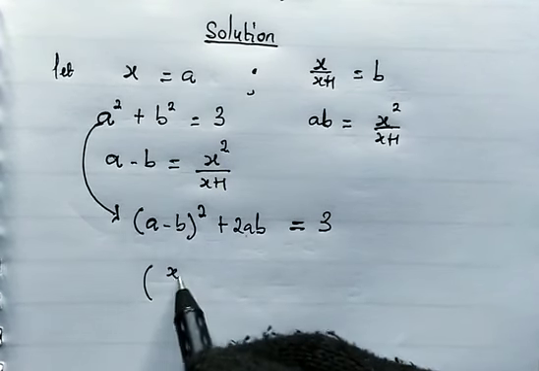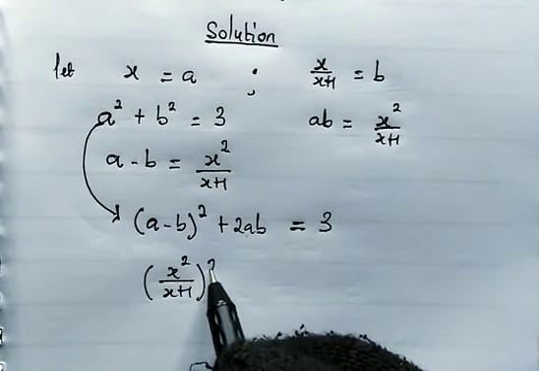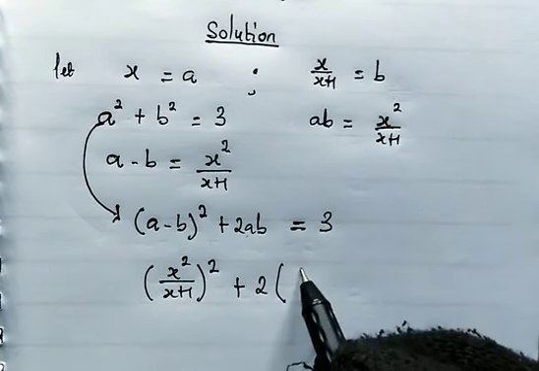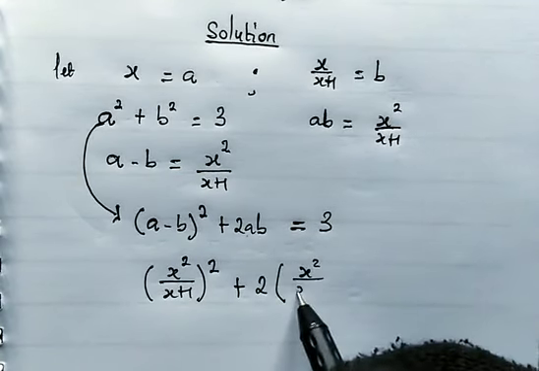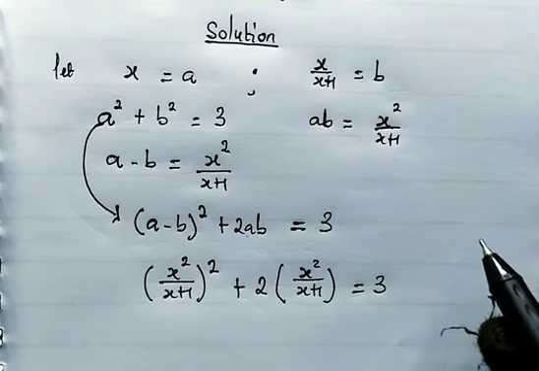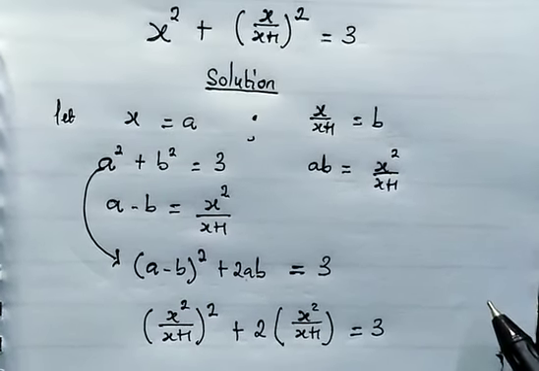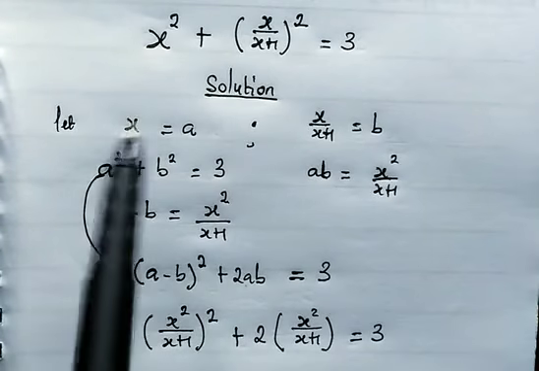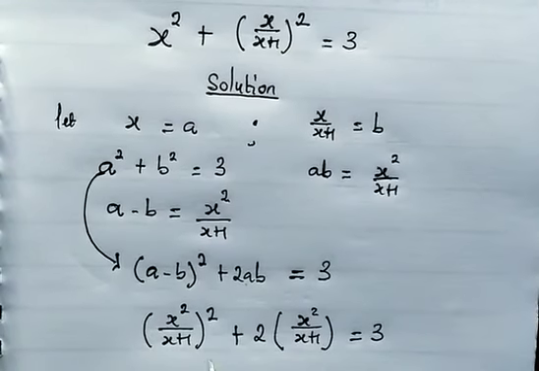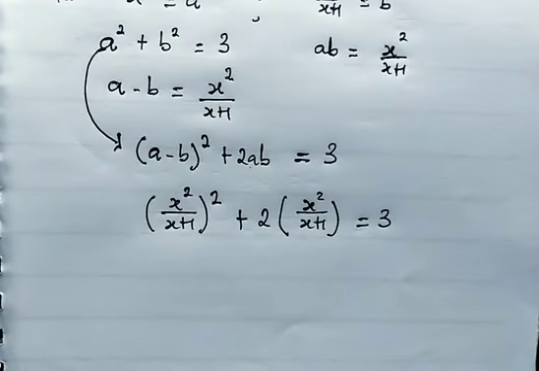So this will be x squared divided by x plus 1, then squared, plus 2 into bracket a times b, which is x squared divided by x plus 1. Then this is equal to 3. Now carefully looking at this, you will see that we just made a very nice transformation. So we transform this equation from x squared plus this squared equals 3 to something looking very nice, which we can easily solve now, right?